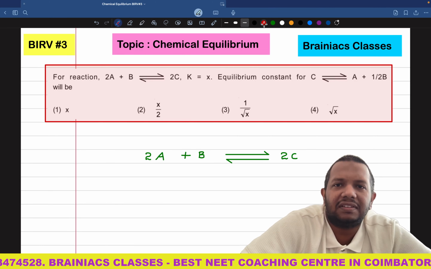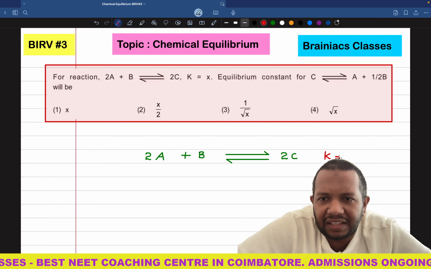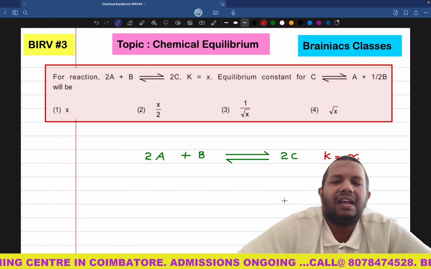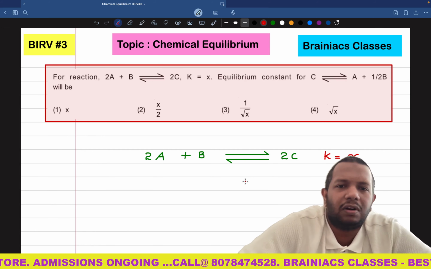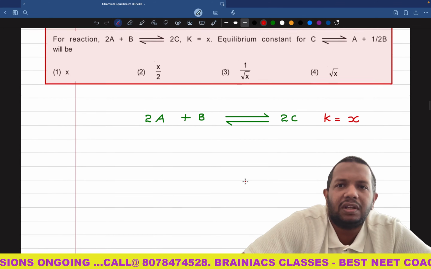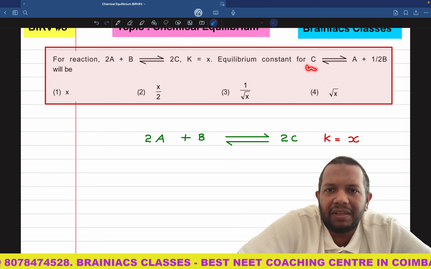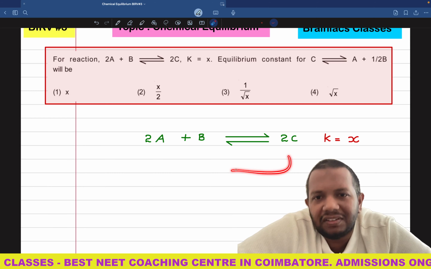And for this, the equilibrium constant K is given as X. Now we want to convert this reaction to the required reaction. For that we need to do some mathematical operations. We know that in the new reaction, C is coming as a reactant, while here it is a product. So we need to reverse this reaction.